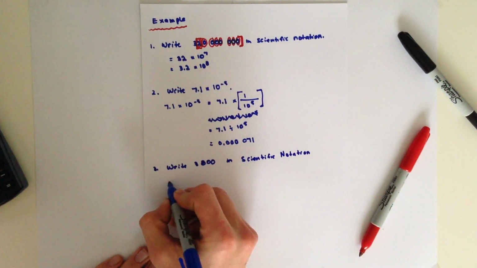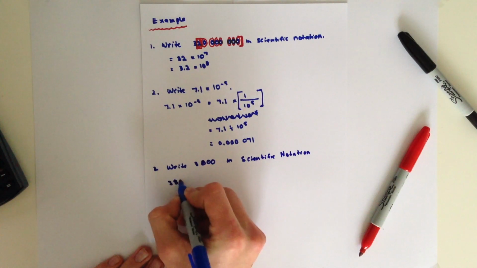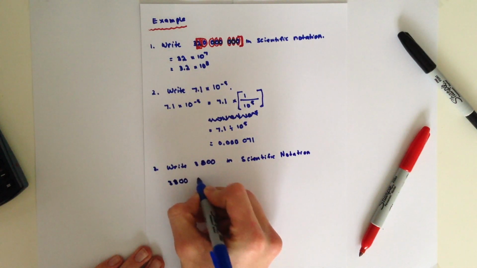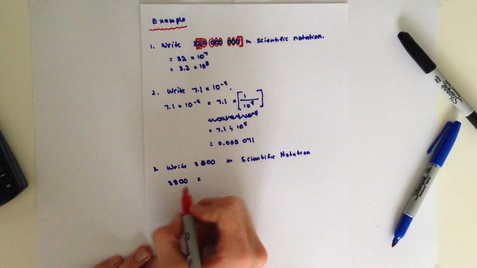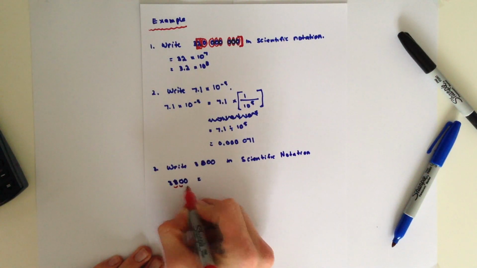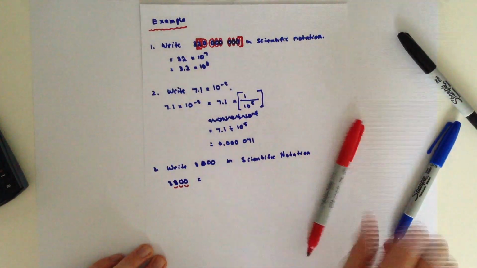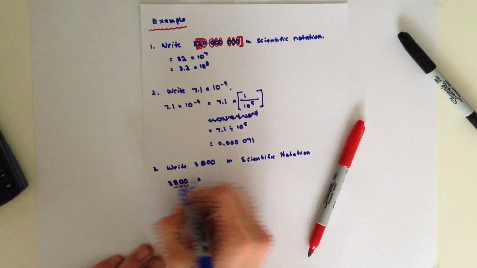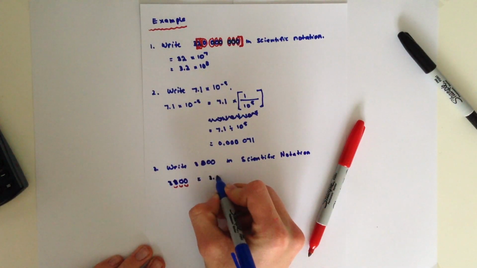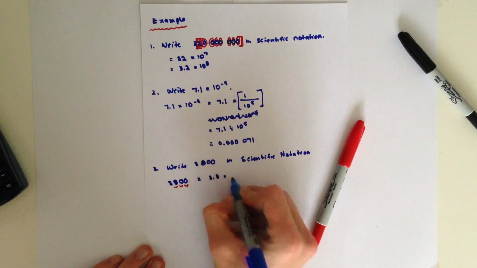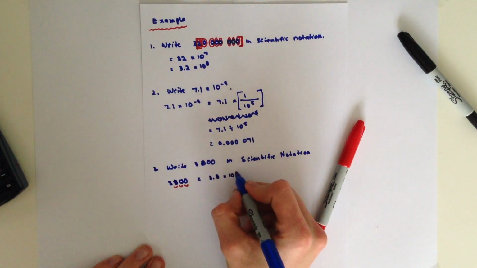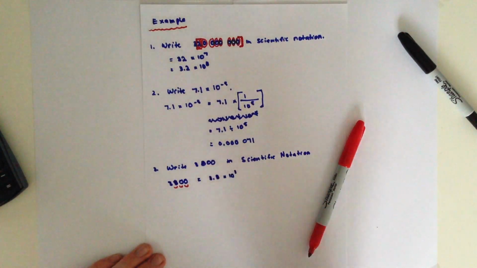Well, 3,800 equals, you can see we have 1, 2, and 3 digits after the first one. So that's just equal to 3.8 times 10 to the power of 3.